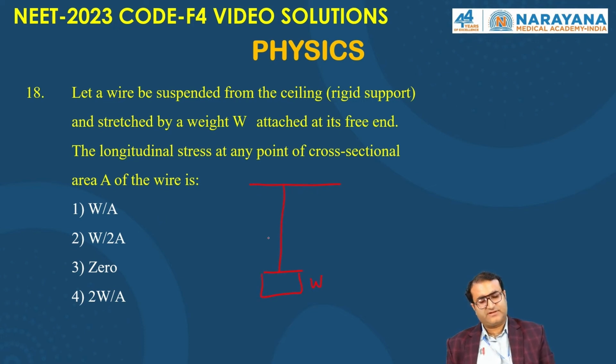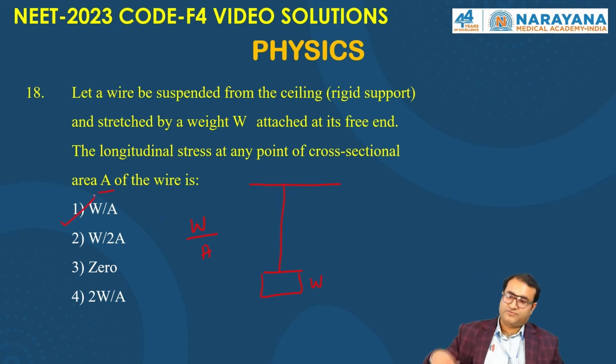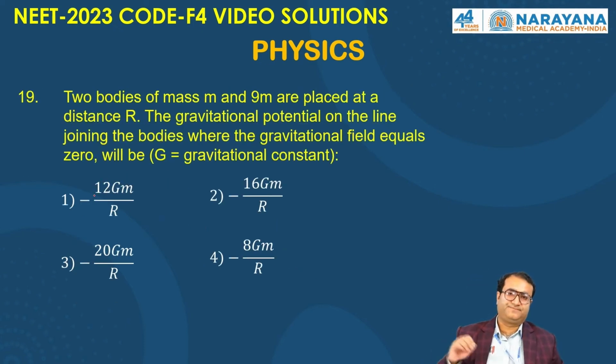Weight W is there, now tension at each and every point is W. And stress you have to calculate, it is restoring force divided by the area. So restoring force here is W and area of cross section already mentioned in the question is capital A. So we'll go with the first option as answer.